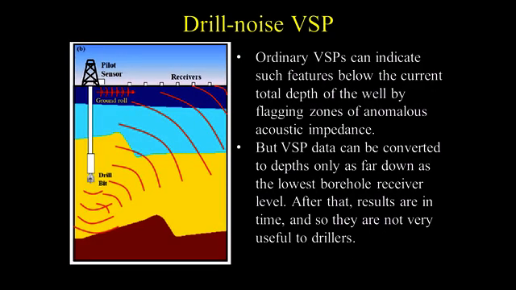Ordinary VSPs can indicate such features below the current total depth of the well by flagging zones of anomalous acoustic impedance. But VSP data can be converted to depths only as far down as the lowest borehole receiver level. After that, results are in time, and so they are not very useful to drillers.